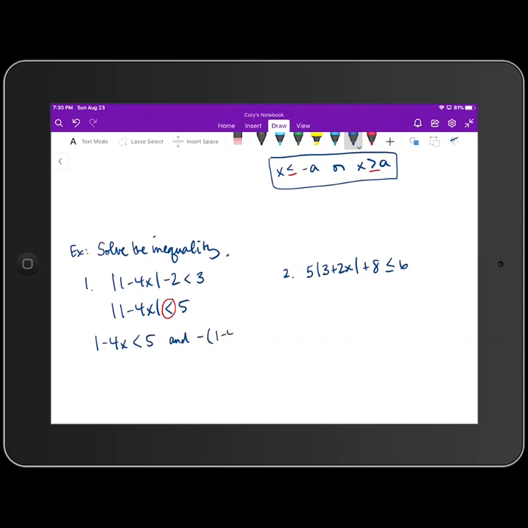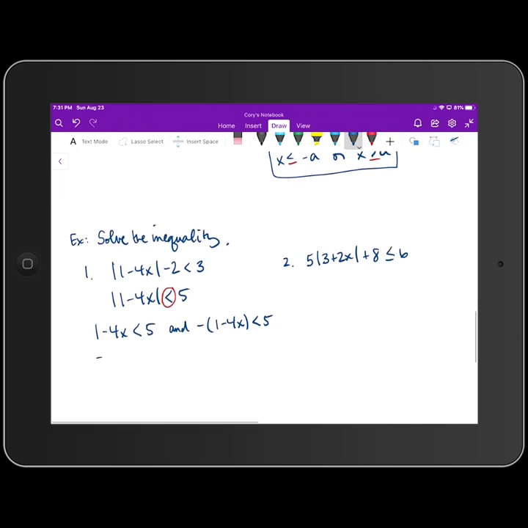So we get the opposite of 1 minus 4x, which is also going to be less than 5. I just want to solve each of these inequalities for x. So I'm going to subtract 1, which gives me negative 4x is less than 4. And then I can divide both sides by negative 4. When I do so, that's going to reverse the inequality symbol. And we get x is greater than negative 1.